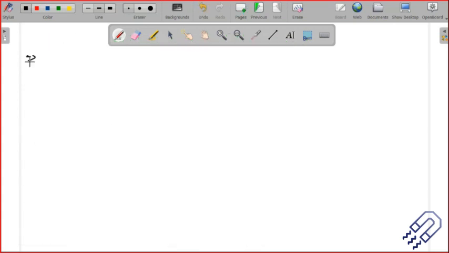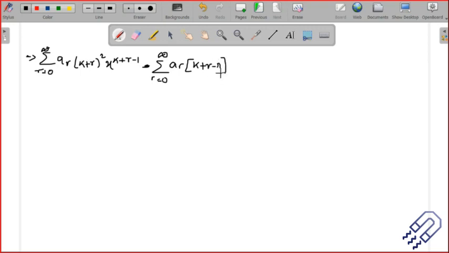Just write it down here. So summation r is equal to 0 to infinity, ar (k plus r) whole square, okay, into x to the power k plus r minus 1, minus summation r is equal to 0 to infinity, ar (k plus r minus n) x to the power k plus r.